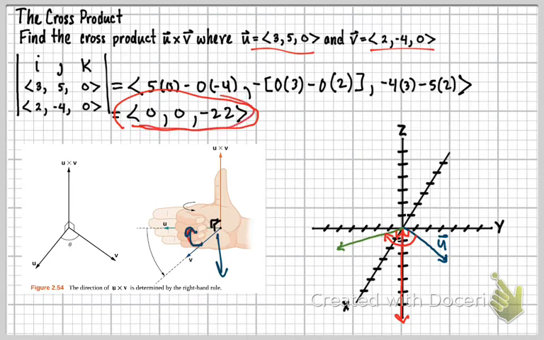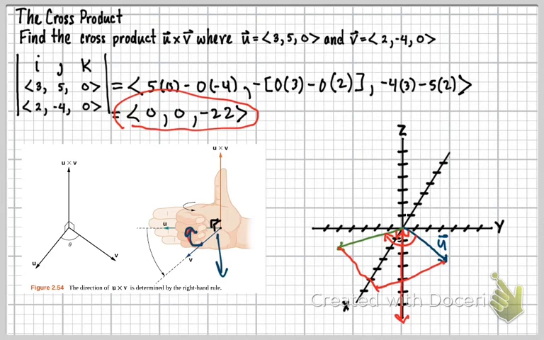It was 0, 0, negative 22. If I wanted to find the parallelogram of that, I have the drawing here below, which is nice, so I could finish that off. I think I went too far. Yeah, that would look a little shorter, and it would do this. So that would be that parallelogram.